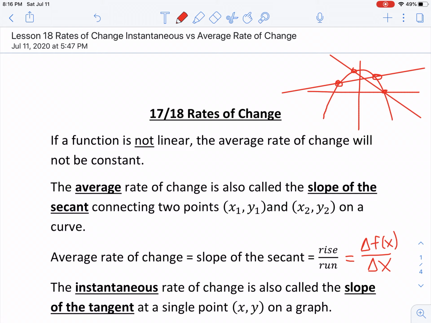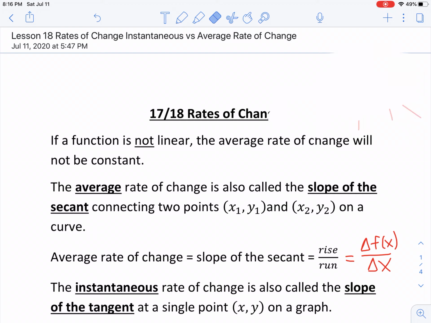So we call the slope of these secant lines the average rate of change. And the good news is the average rate of change is calculated as the slope. So the slope of the secant is just rise over run, or the change between the f at x values, the y values, over the change in x.